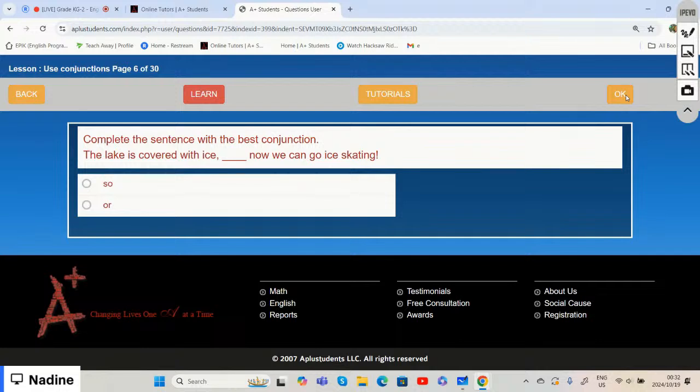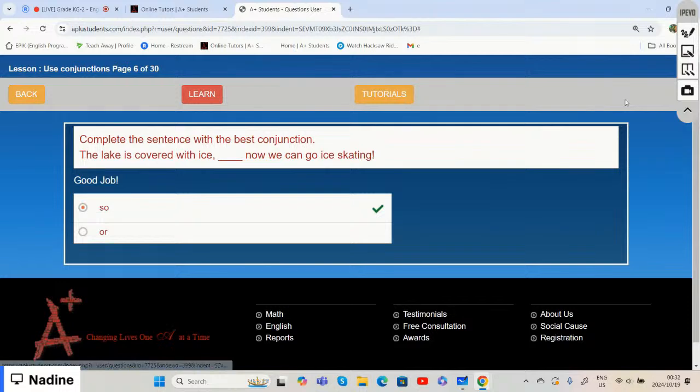All right. So we can say that the lake is covered with ice, so now we can go ice skating.